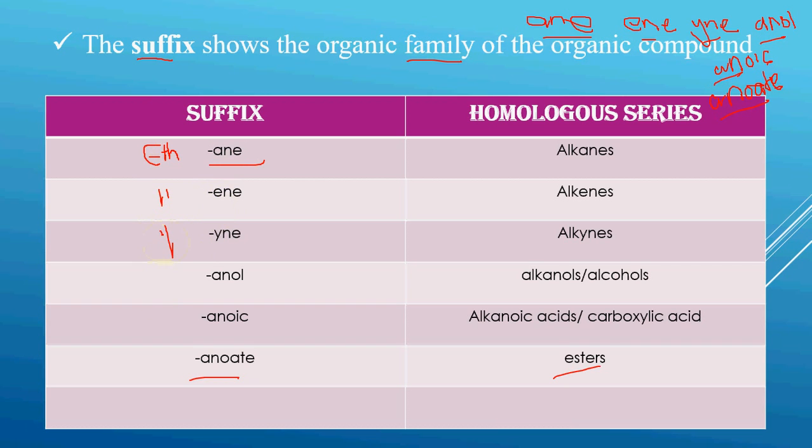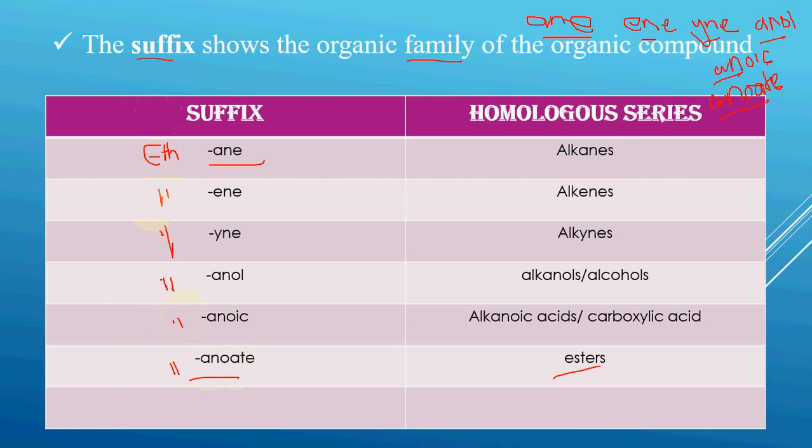If I bring the same eth down here and join it there, it will be ethanol. If I bring the same eth down here, it will be ethanoic. If I bring the same eth down there, it will be ethanoate.